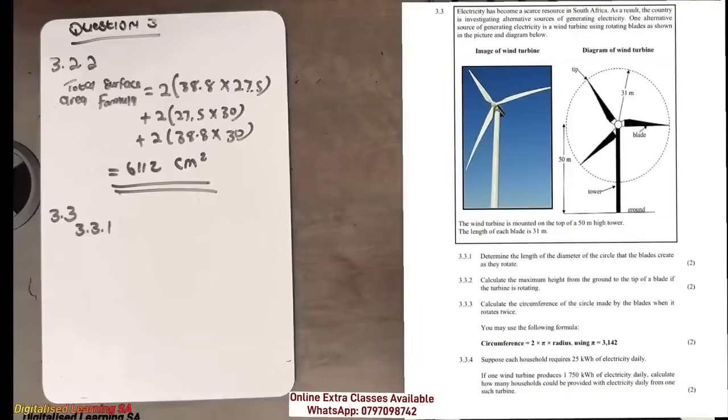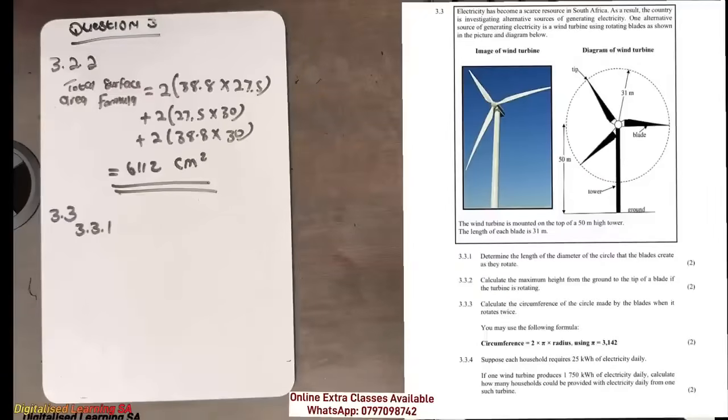So we are told to determine the length of the diameter of the circle that the blades create as they rotate.